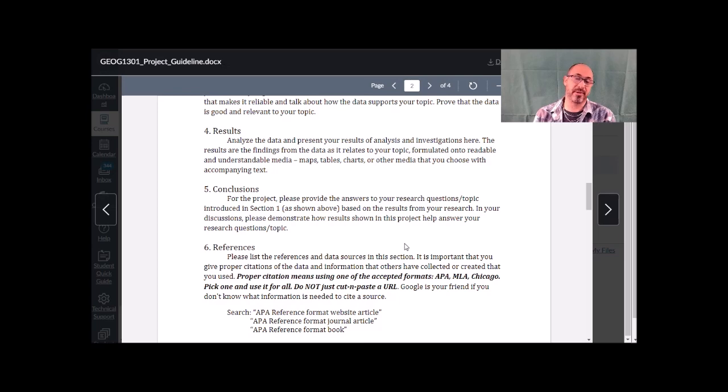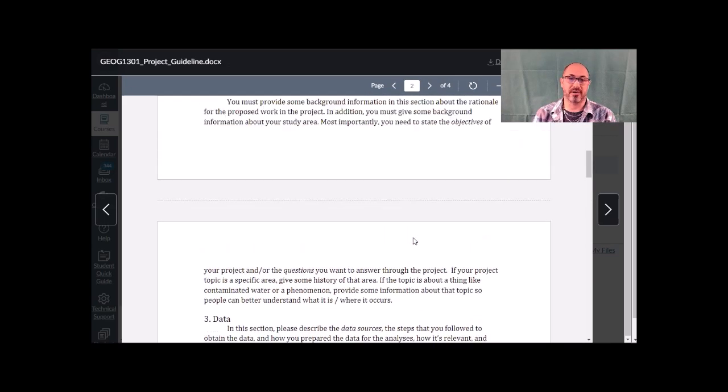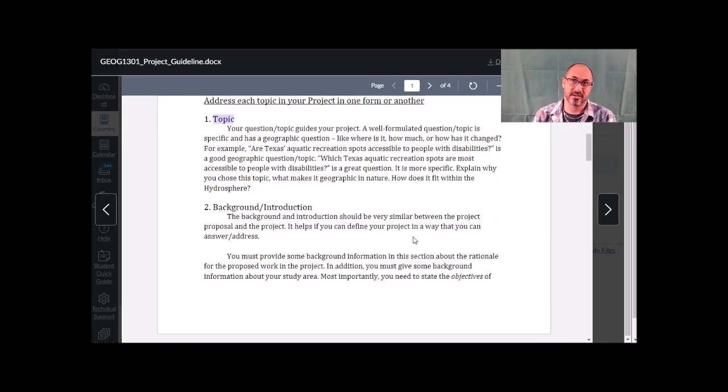The fifth section is going to be a conclusion section. This is something you didn't have in your project proposal. Here, you're going to take your results and tie them back to your topic. Answer these questions for yourself in your paper. Is the data relevant to your topic? Does the analysis that you did, or looking at the data and the results of the data, answer or address your question or your research topic?